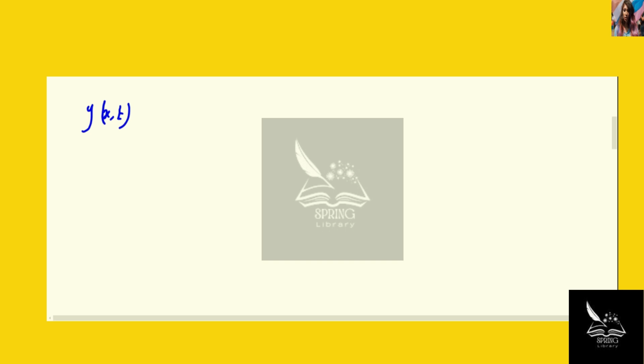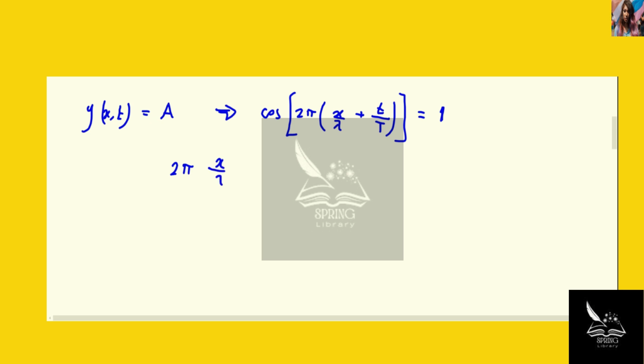So y of x and t will be equal to A, and this will happen only when cosine of 2 pi times x divided by lambda plus t divided by the period will equal 1, and that will be only if 2 pi times x over lambda plus t over period is equal to n times 2 pi, where n is an integer, so 0, 1, 2, etc.